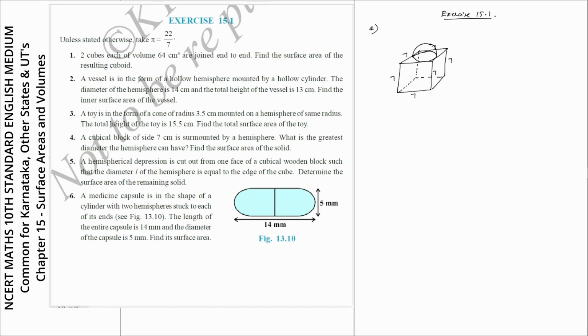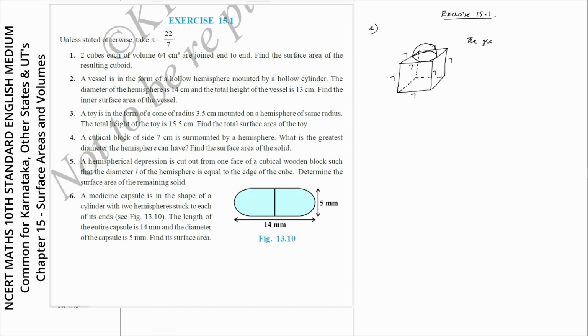So what is the greatest diameter this hemisphere can have? So since any side of the cubical block is 7 centimeter, the greatest diameter the hemisphere can have is 7 centimeter only, okay.